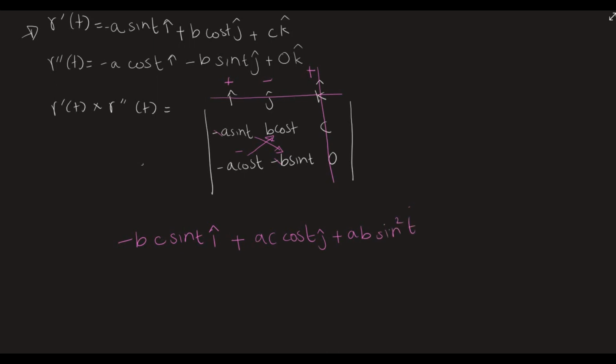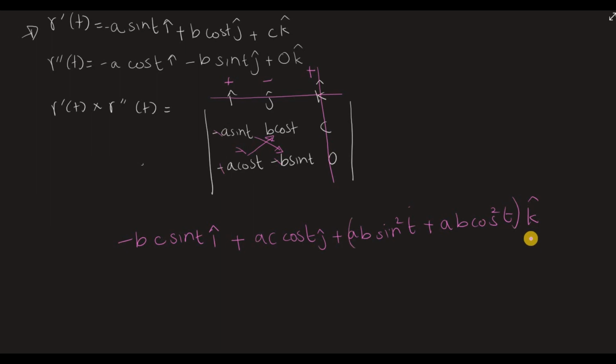Then you put a negative when you go up, but this negative cancels out with this negative, making it positive again. So positive ab cosine squared t, because when you multiply cosine t times cosine t it becomes cosine squared. It's the same case with sine t, so that's why it's sine squared t. And then this times k hat, because we crossed out the kth row.